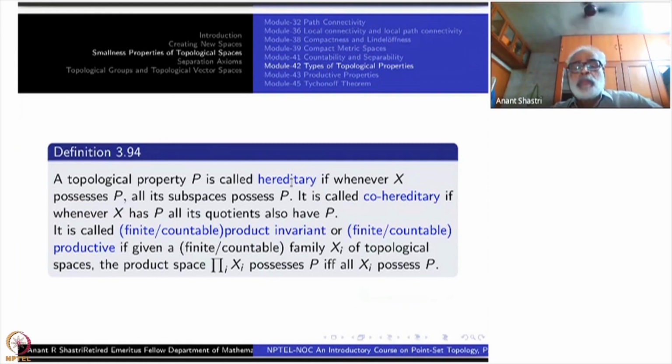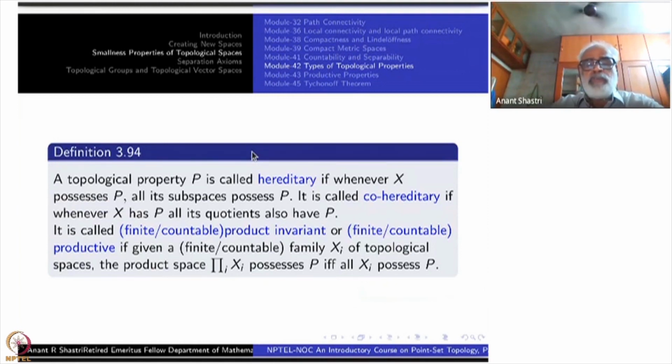Similarly, for product invariance there are three different versions here. One is finite product invariant, another is countable product invariant, and the third one is product invariant without any qualifier, which is the most general. What is the meaning of product invariant?